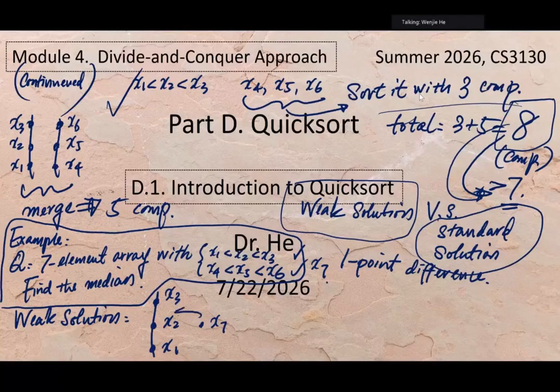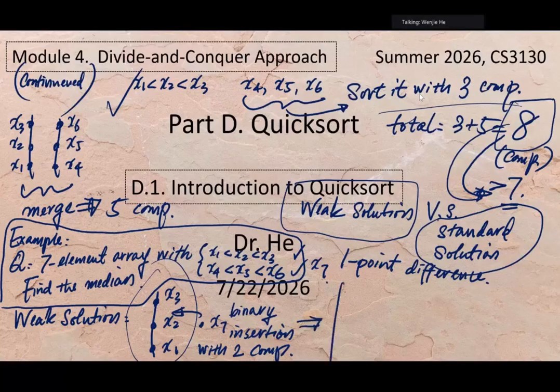Let me do binary insertion. We know we need 2 comparisons, right? After 2 comparisons, we get X7 inserted into this ordered chain, and we grow the ordered chain to a 4-element ordered chain.